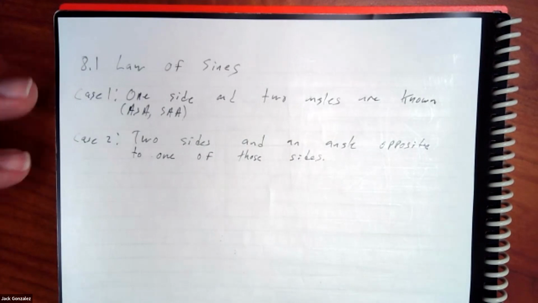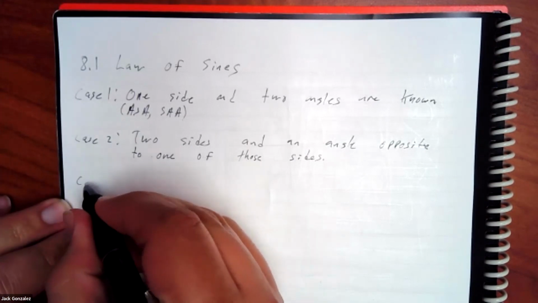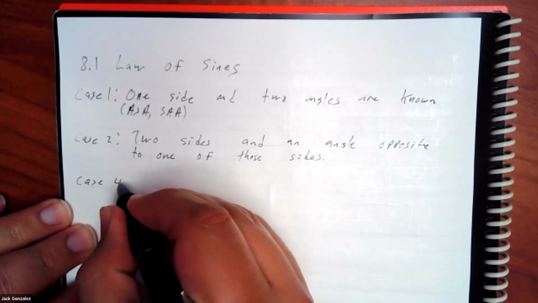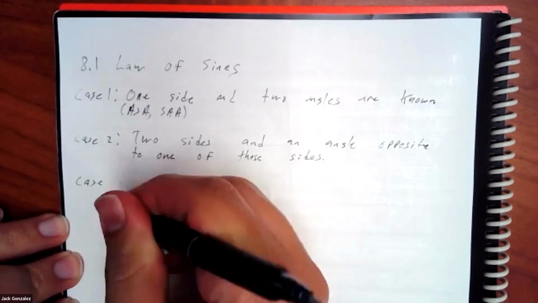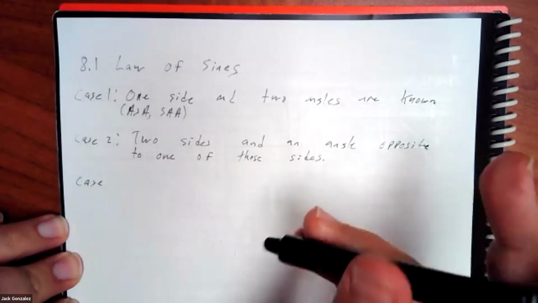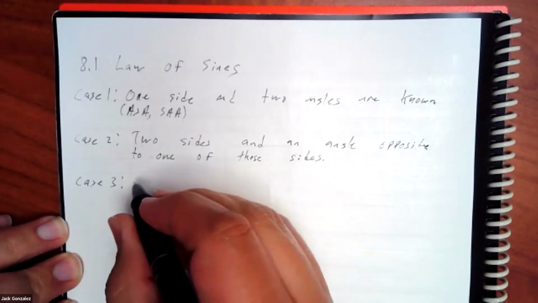If you do not have one of these cases, you can't use law of sines, so you would have to use law of cosines, which is going to be case 3 and 4. But law of cosines is going to be saved for 8.2. I'm going to give you the cases now.